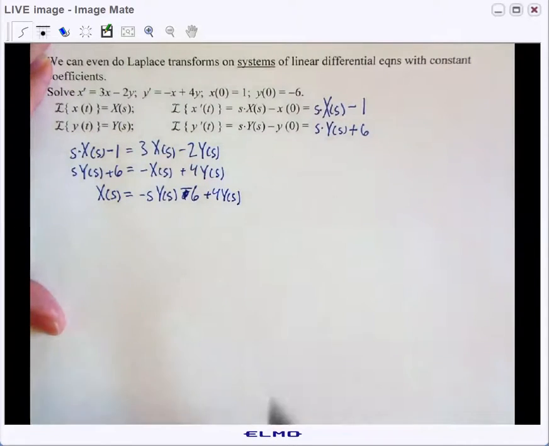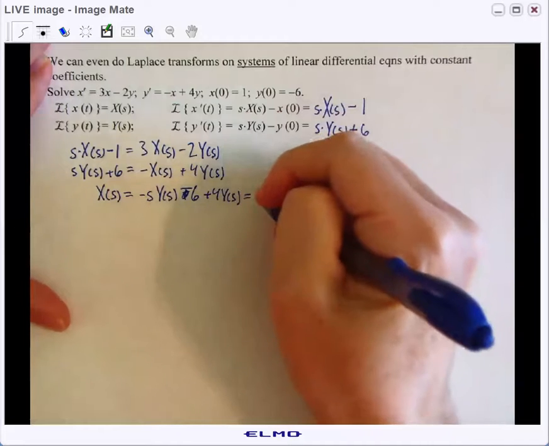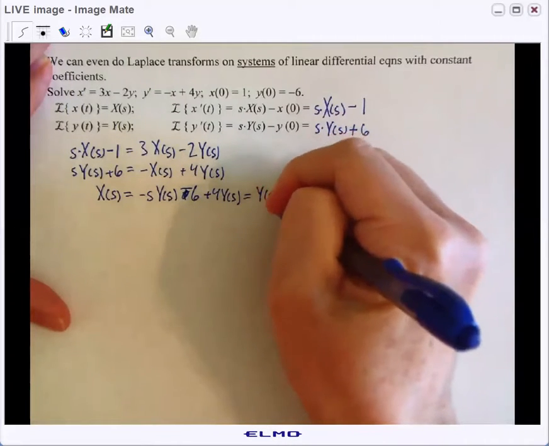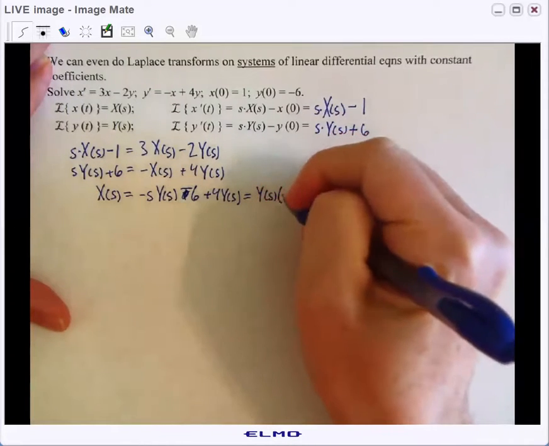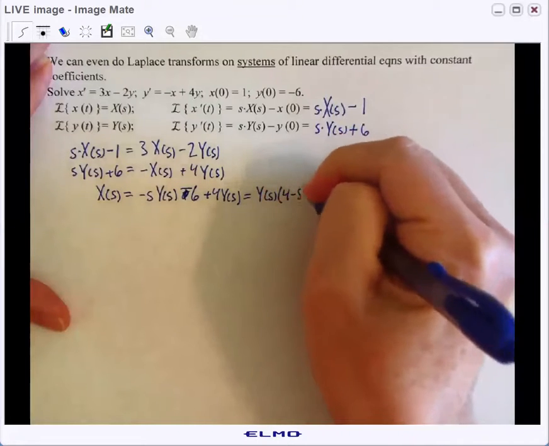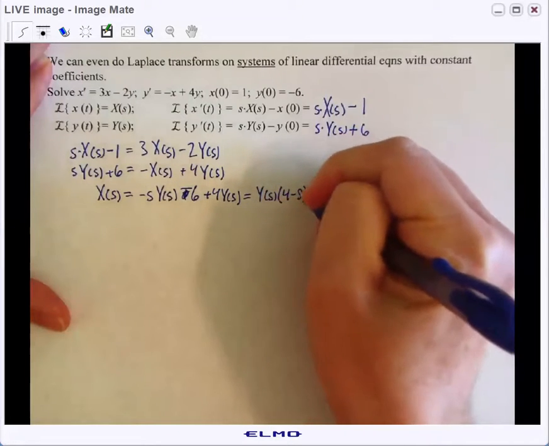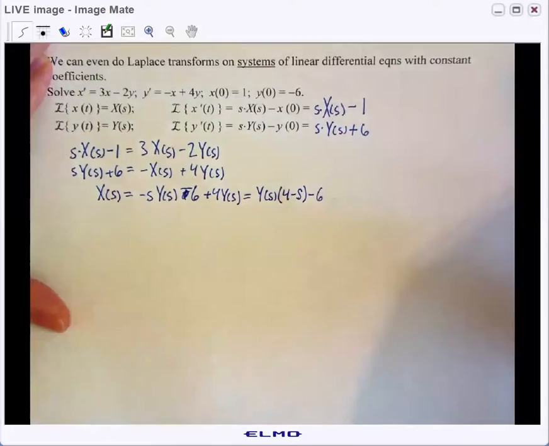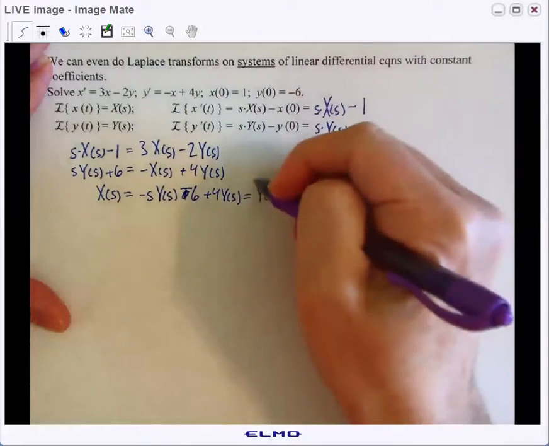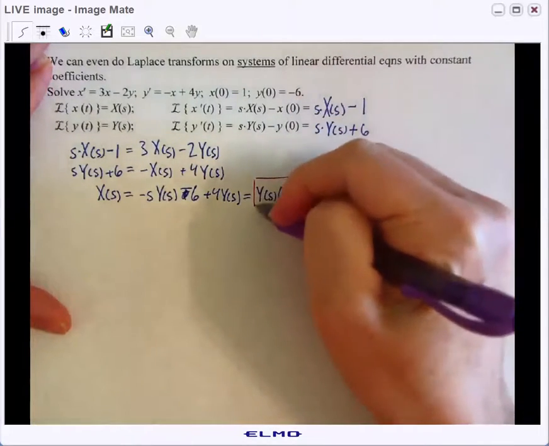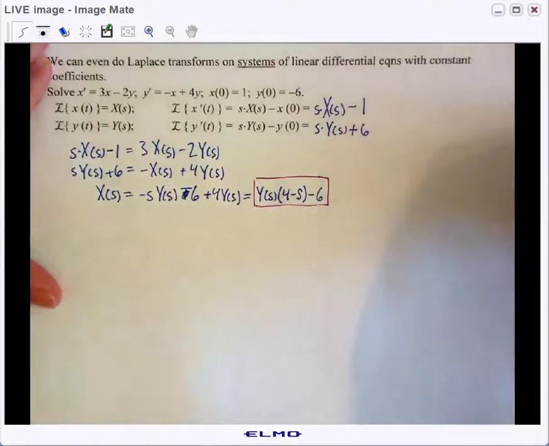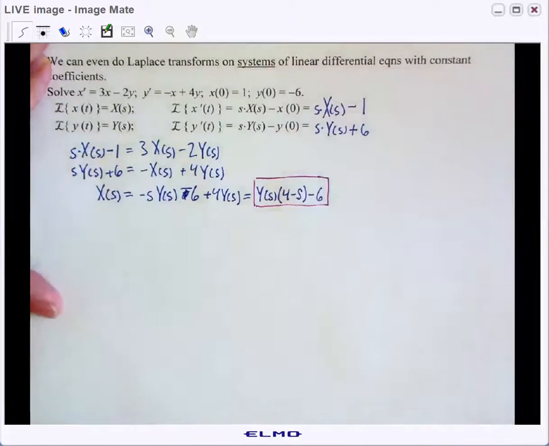Or I might want to write that as Y of s times 4 minus s, and then minus 6. Now, let's remember that that's all of X of s. So we'll put that in place of X of s in the other equation.